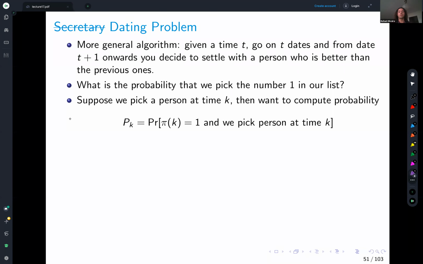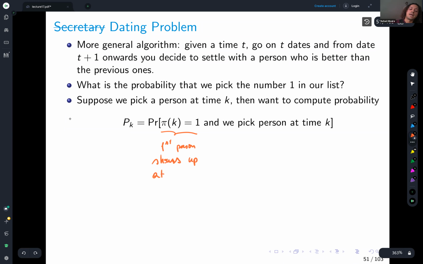What we want to compute is the following probability, p_k: the probability that the kth person is the best person, that the best person shows up at time k, and that we also pick the person at time k. Those two things have to happen for us to pick the number 1 in our list at time k.